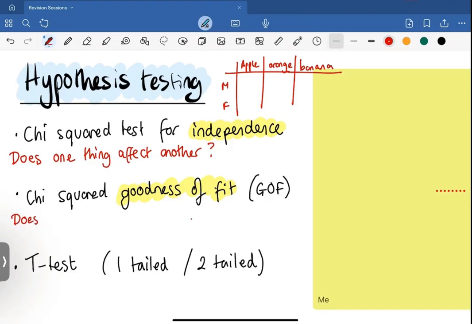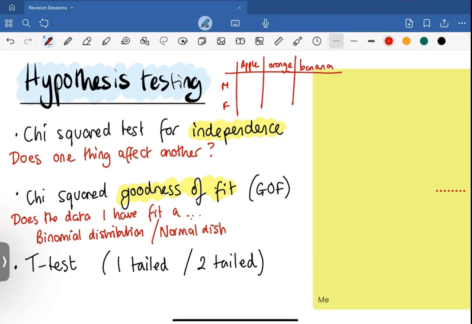So does the data I have fit a... We have three different options here: a binomial distribution, or a normal distribution, or what's called a uniform distribution. And we'll go over what those three things are again in a little bit.